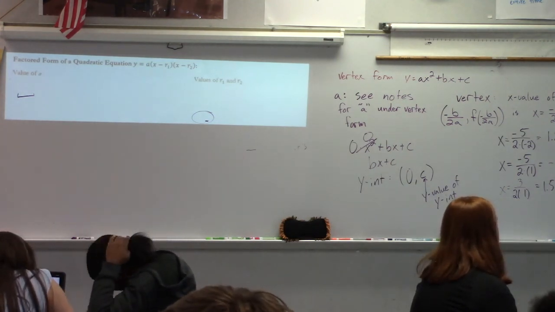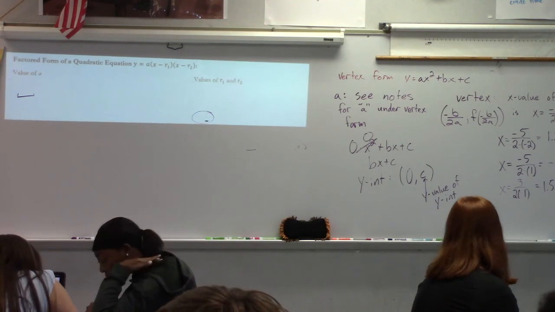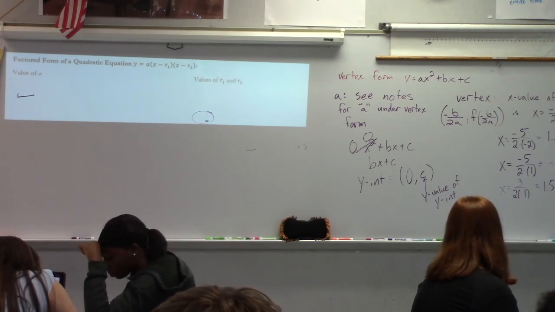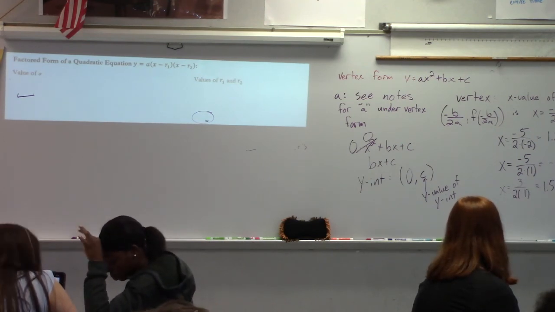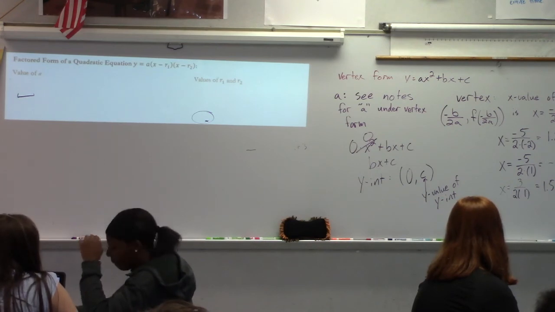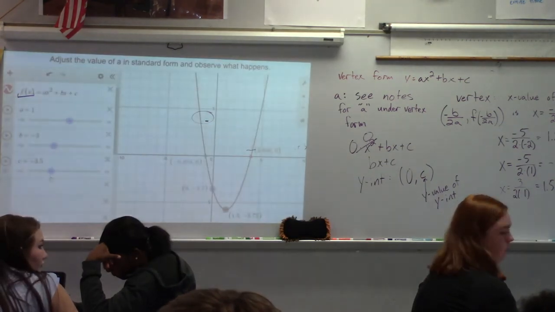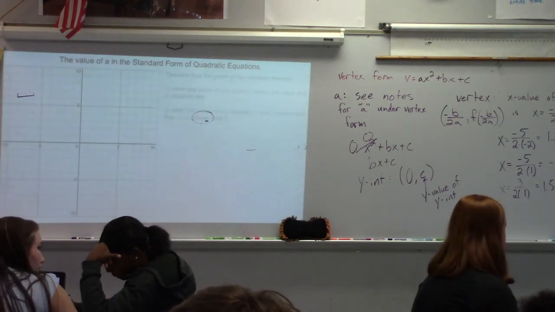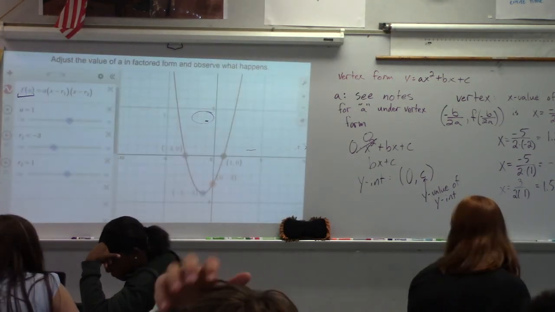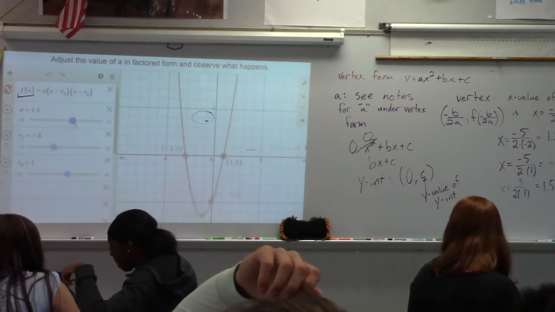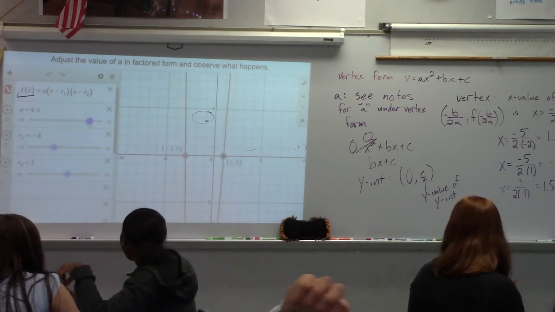And what's the first thing we're going to look at with factored form? It says the value of A. Any guesses? Same thing still? No. You don't think it's going to be the same, Bree? Let's check. So, I am moving to the factored form part. Here it is. When A is positive, the parabola is currently what?